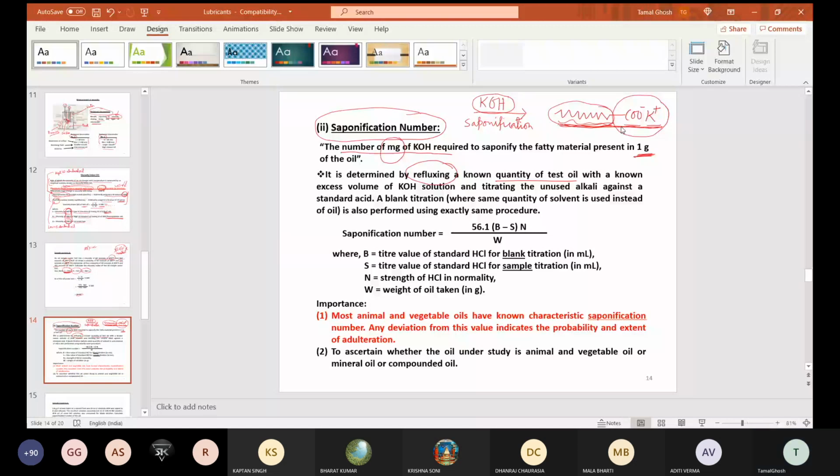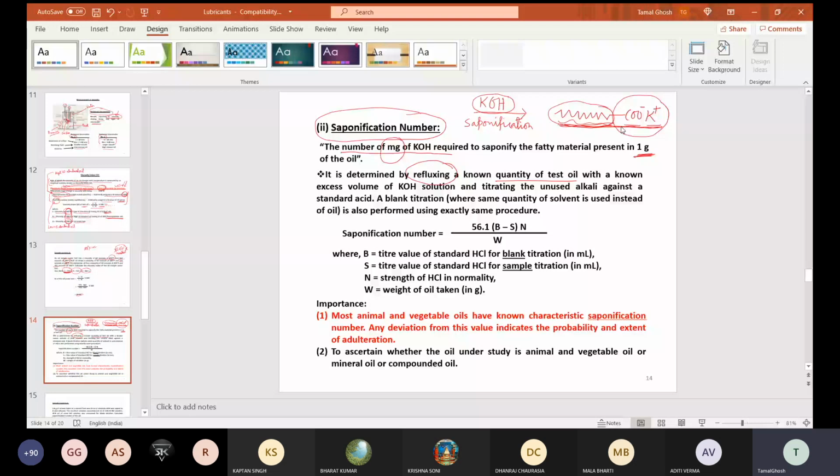Boiling takes place with vapor formation, the vapor goes upward, gets condensed, and the drops come back to the reaction mixture. This goes on continuously. That is the reflux.